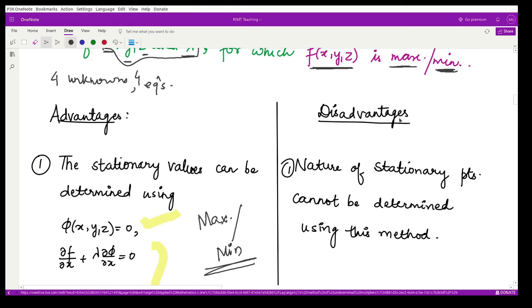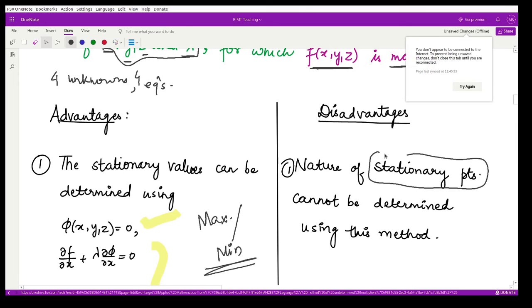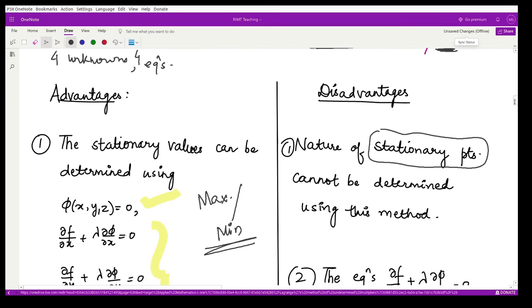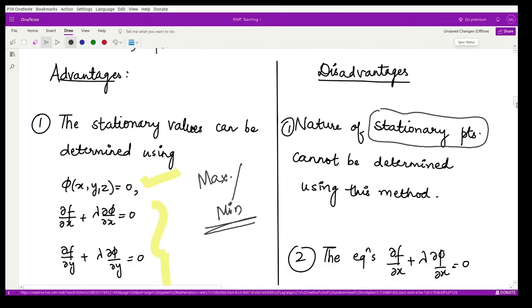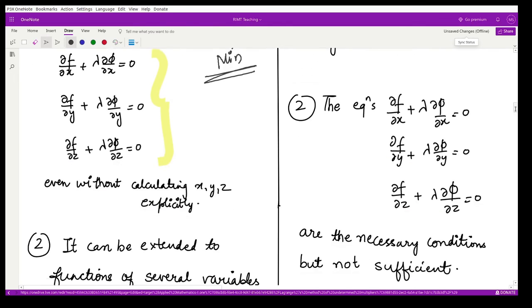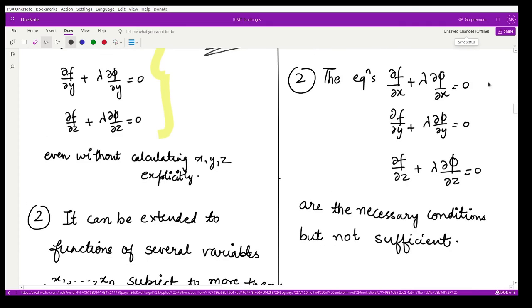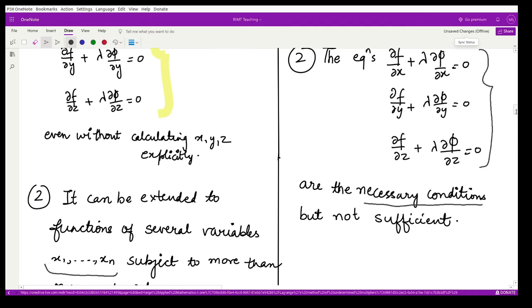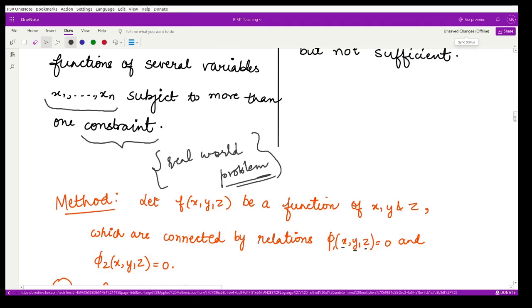But the disadvantage of this method is that the nature of the stationary points is not obtained from here, whether we have a maximum, a minimum or a saddle point. So this behavior is not known by this method. Moreover, these 3 equations are only the necessary conditions and not the sufficient conditions. Therefore, we could use it one way only.